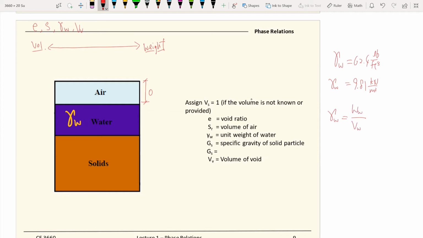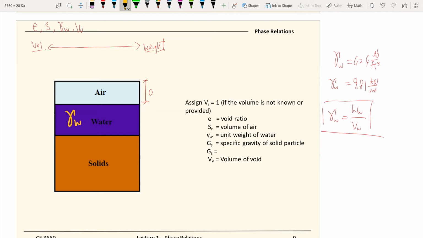The whole purpose of phase relations is to fill in all the information for the three different phases, the volume of each of the air, water, and solid. Looking at this equation, if you know either the weight of water or the volume of water, then you can find the other one because you know the constant gamma W. So this gamma W is very important.